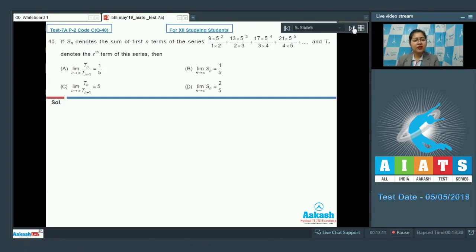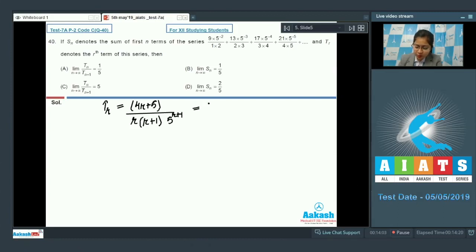Next is question number 40, which says that if Sn denotes the sum of first n terms of the series 9 into 5 raised to the power minus 2 upon 1 into 2 and so on, and Tr denotes the rth term of this series, then we have to find the sum of this series. Now the rth term can be assumed equal to (4r plus 5) divided by r into (r plus 1) into 5 raised to the power r plus 1.